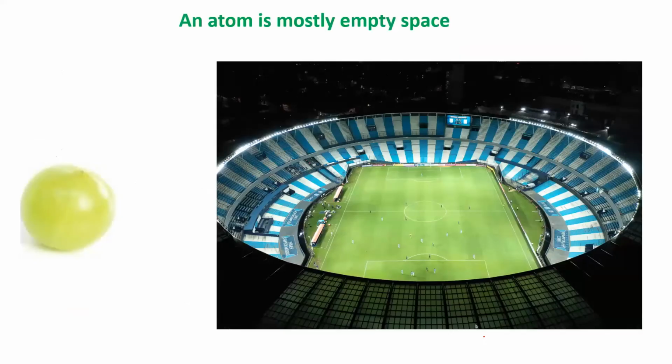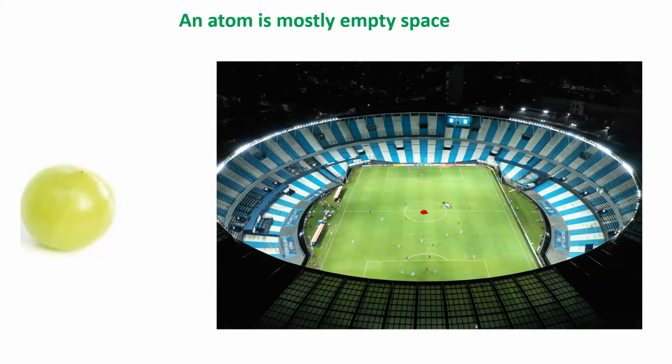To get an idea about relative sizes, just assume that we have this Indian gooseberry, or as we call it, Nelli. You take this fruit and place it in the center of this playground. You can see how tiny these people are, and then you can imagine how tiny this gooseberry would look if you place it in the center.